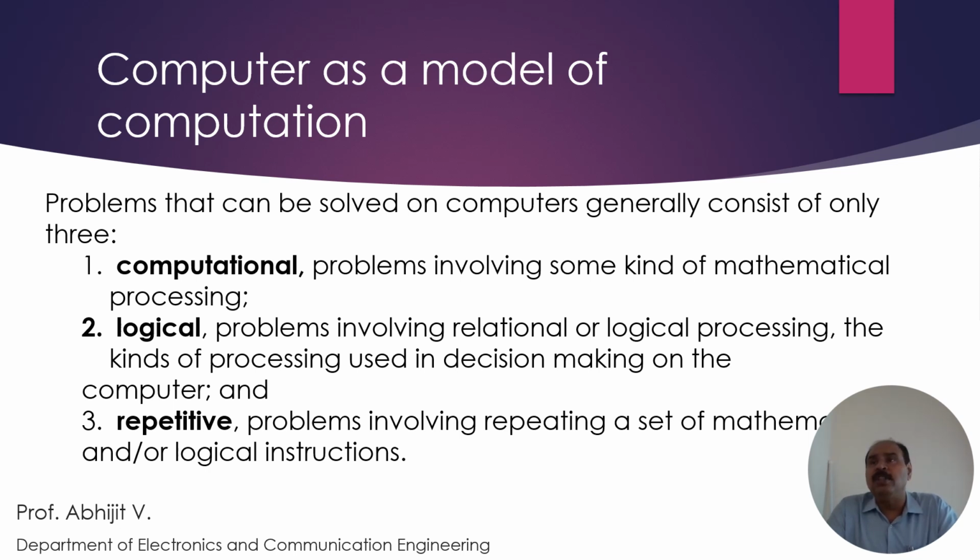If you wanted to do all these things in a very quick manner, in such a way that all the information is readily available to you that can be used for solving your problems, we need to use computers. Okay, so we are learning to use computers as a model for solving our problems. These are the 3 kinds that generally exist while solving problems.